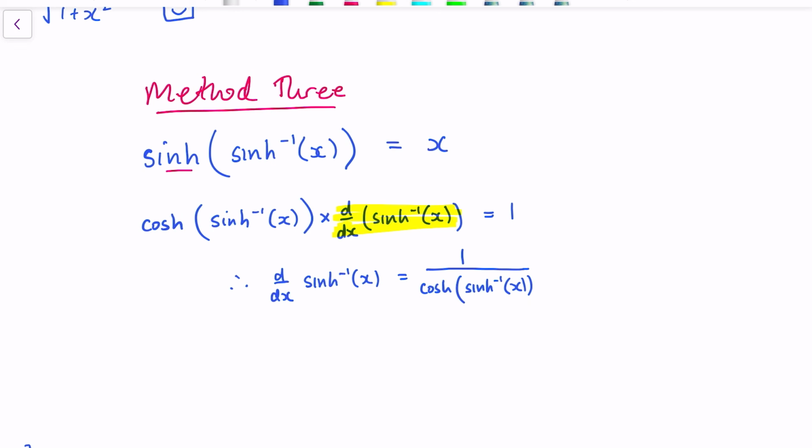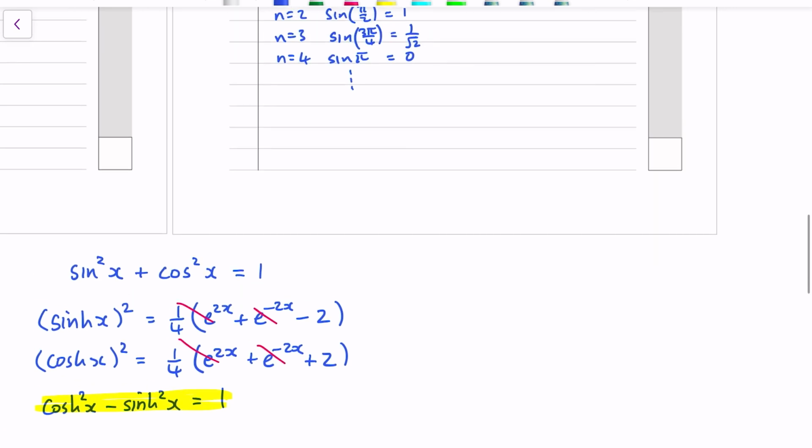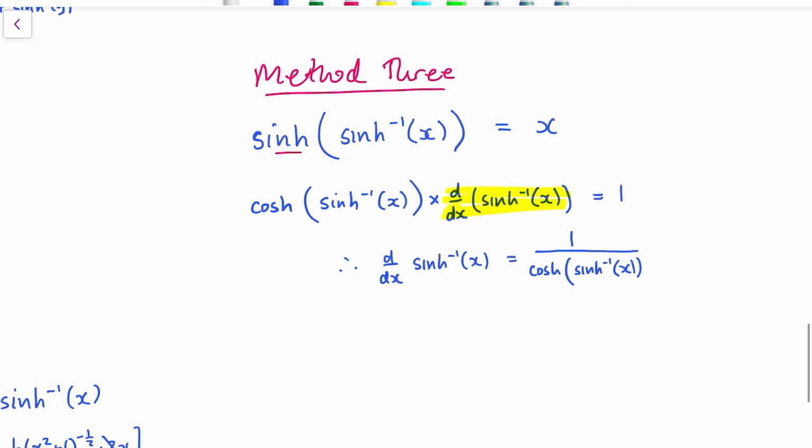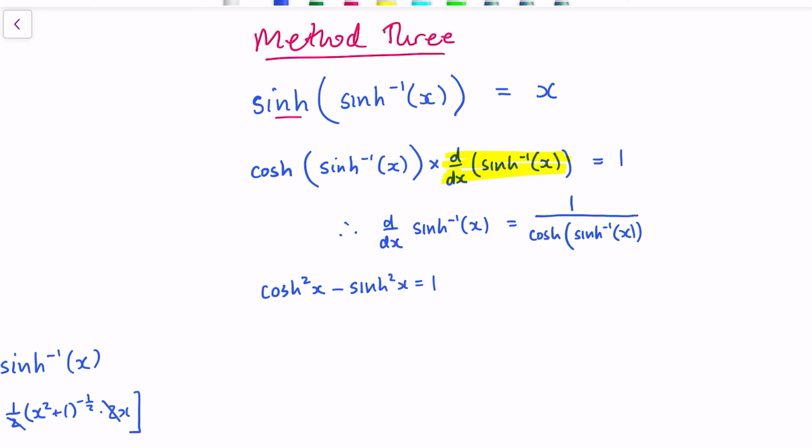root 1 plus x squared, and that's where we bring in our trig identity. This one in yellow, cosh squared minus sinh squared equals 1. So using that, the derivative of the inverse function is equal to 1 over, rather than cosh, I'm going to use 1 plus sinh squared square rooted.